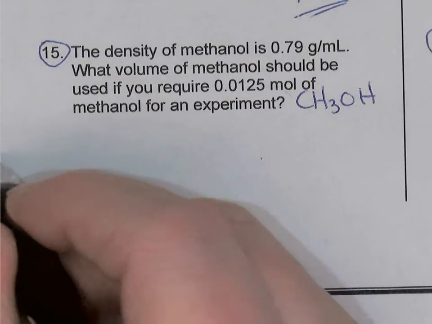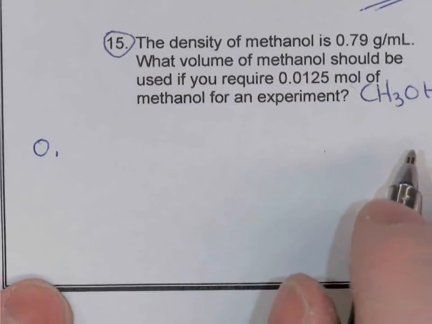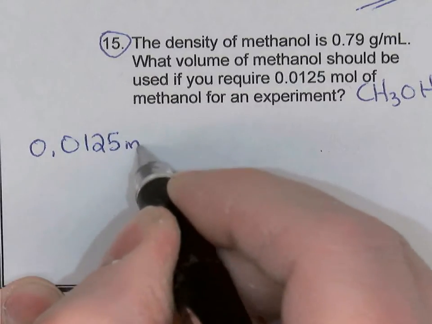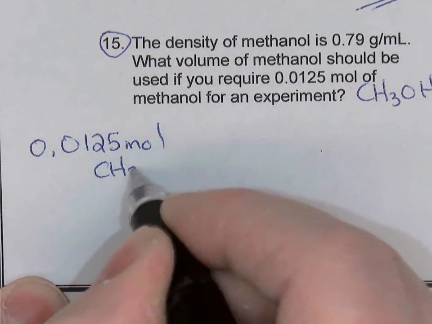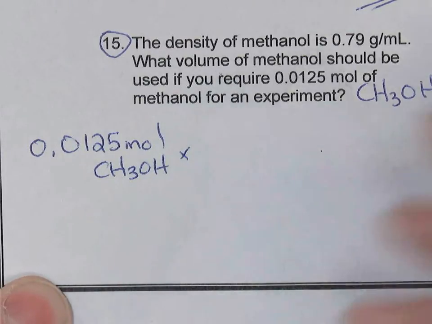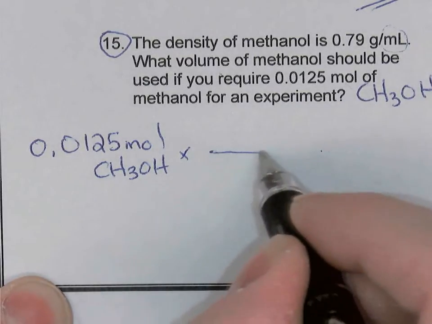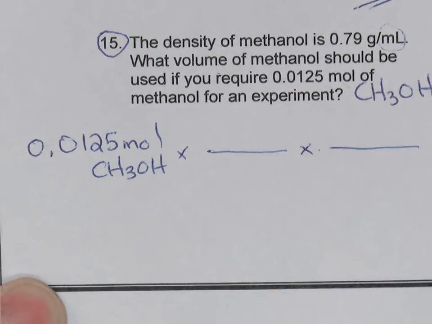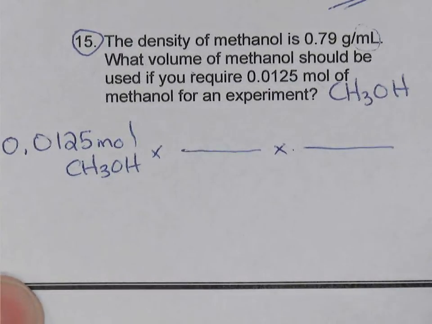So if we need 0.0125 moles of methanol, and we want to know what volume, I guess we'll use milliliters since the density was given in milliliters there, we're going to need 2 unit multipliers, and although we could do it in 2 steps, I'm going to just do 2 multipliers side by side like that.